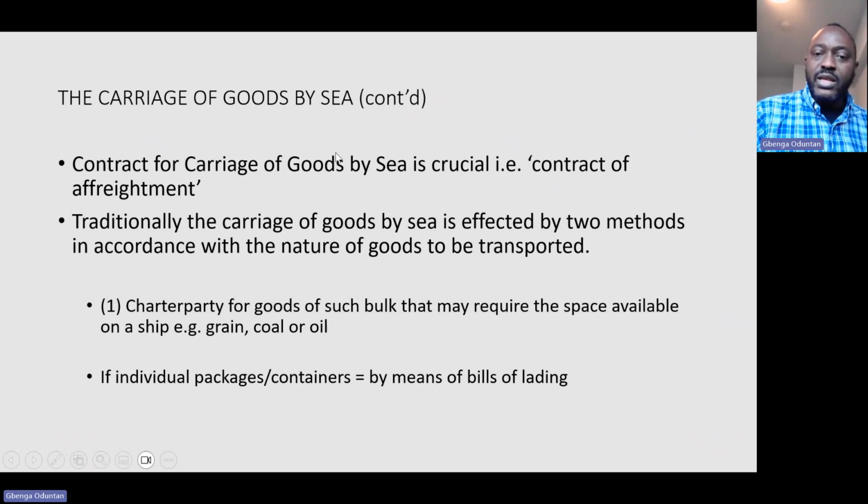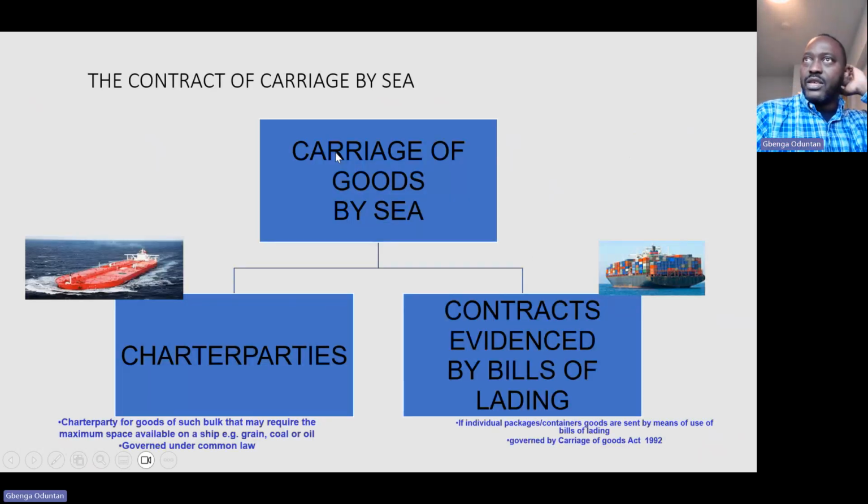Perhaps a diagram will make it easier to follow. The contract of affreightment generally happens in two forms. Contracts evidenced by bills of lading, which in terms of numbers is the vast majority, because people rarely send things in such bulk that they need a whole ship for it. So transporting goods between two territories tends to be done by bills of lading.